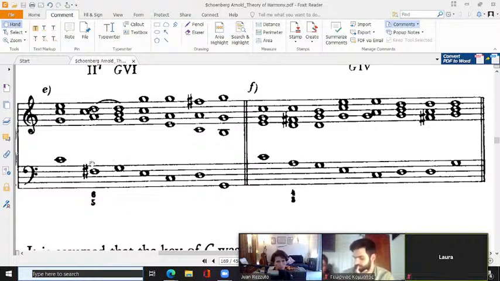But what we are seeing is how you present the cadence, how you modulate, what the modulatory process is until you finally get to your new key. Not that it interests you if you're a composer, I know, but when you're analyzing pieces, you have to know exactly where the modulatory process begins and where it actually ends.